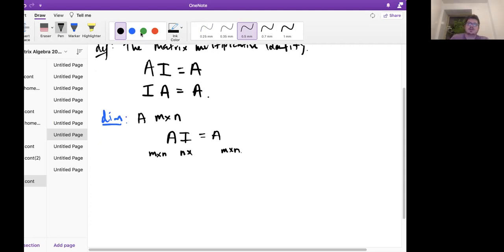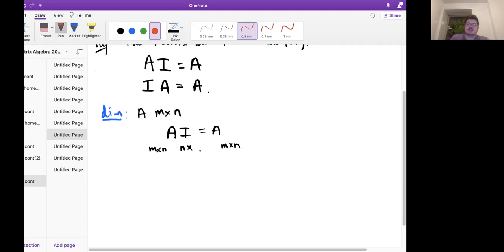Yeah, I would agree. So let's think about this. It would have to be n by n, right? Because the dimension of this would need to match this, so it does need to be n in the first position, and the product's dimension has to be the outer dimensions.